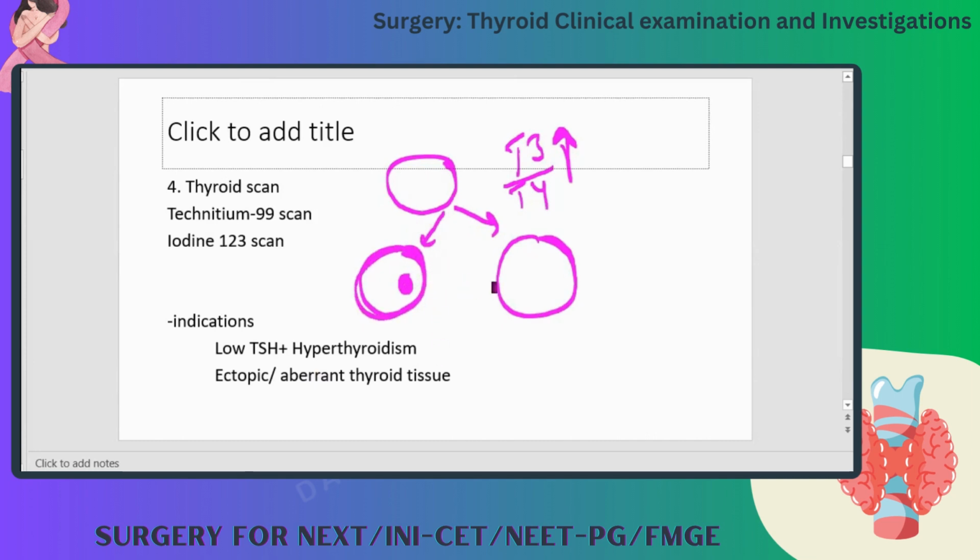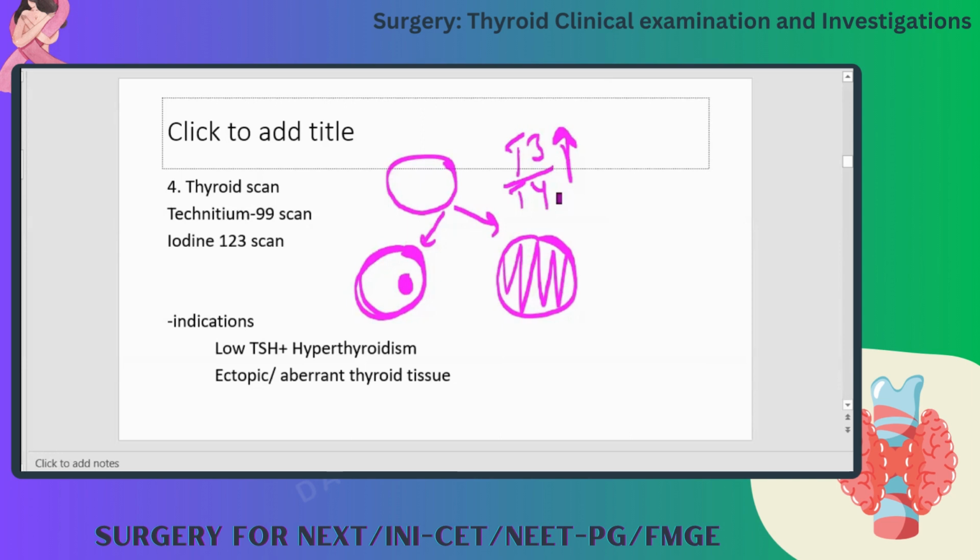That is one scenario. And the whole gland has become toxic and it is secreting increased T3, T4. This is another scenario. Am I clear? There are two possibilities. Yes, sir.